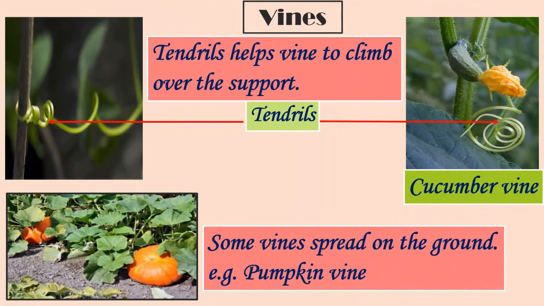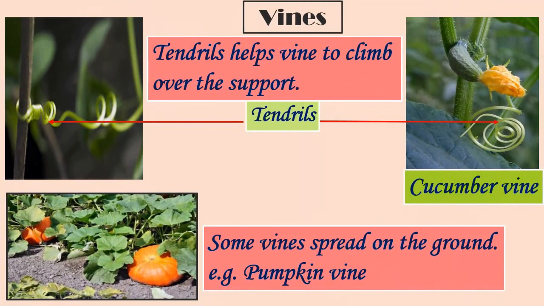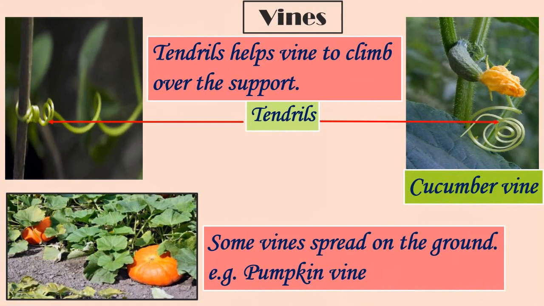Let us learn about tendrils. As you can see in the picture, tendrils are wiry in structure that occur along the plant's stem. Initially, the tendrils reach around in the air until they come into contact with some surface.